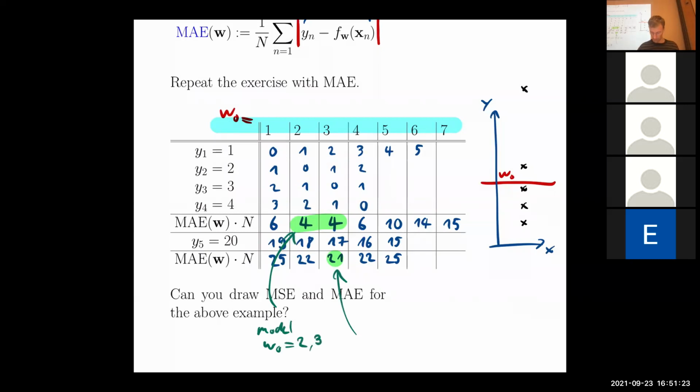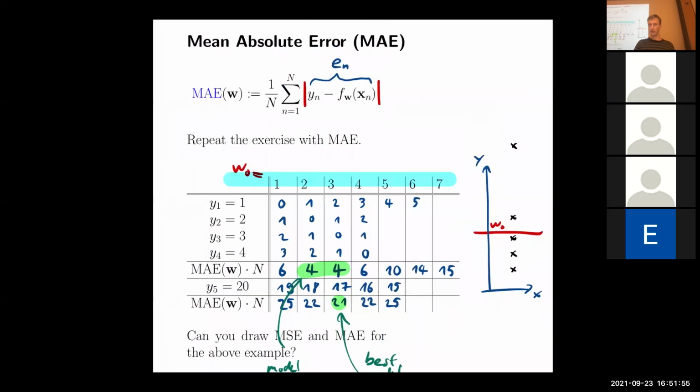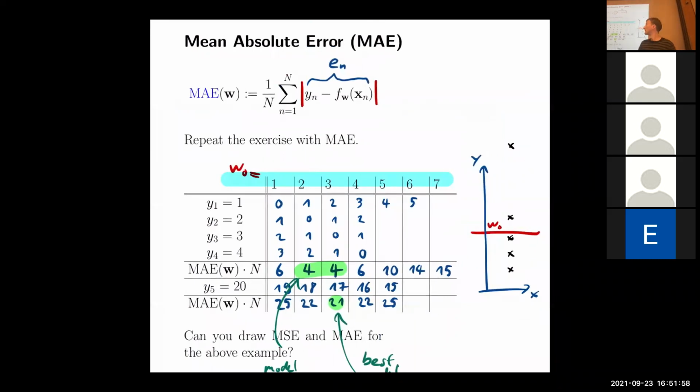So 2 or 3, and now the best model for 5 points is model 3. So it's the same as before. It's not affected by the outlier point. That's very nice. We see that if we decide which model to take by the mean absolute error, then we'll be much more robust. We don't have any problems with this particular outlier.